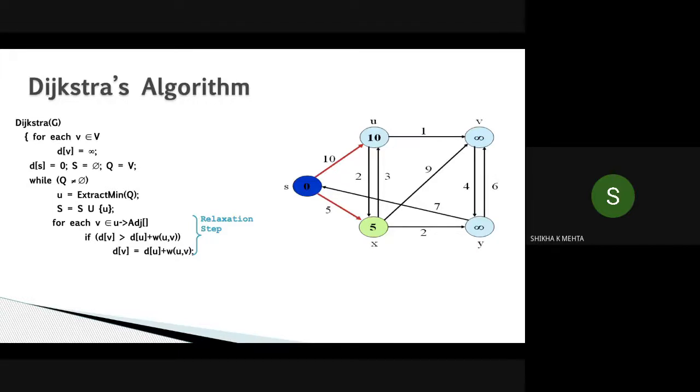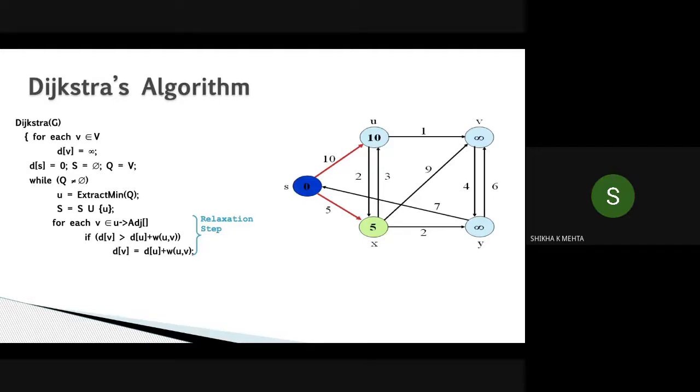So using the extract min, we say from S to X is 5, that is minimum as compared to that of U. So from here you see what are the other edges which are connected to X. From X we have an edge to U, then another edge to V, and another edge to Y. Since the value of Y is infinity, and if we see the weight, the initial value of Y is d[v] over here, and here you see d[x] plus the edge weight.